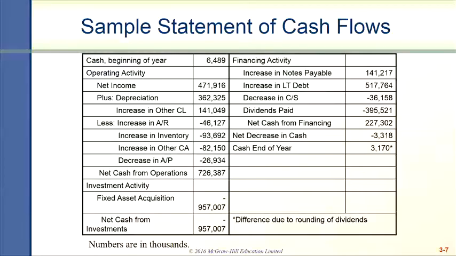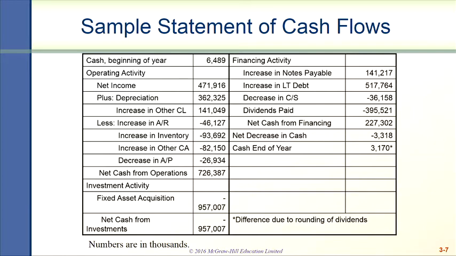So here is what the statement looks like. We'll start with the beginning cash of the year. In the statement which I showed earlier, we showed 2014 and 2015. So we'll look at the cash under the current assets in 2014. That's the cash right there, which will be the beginning balance.